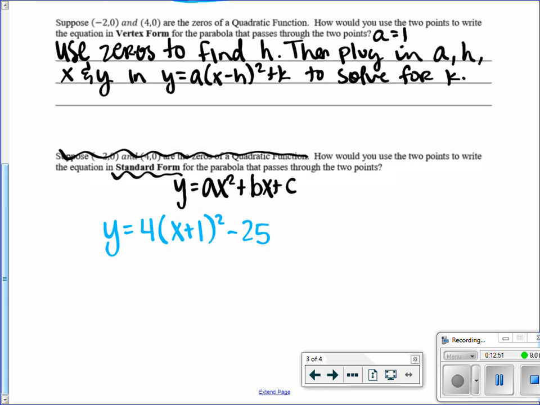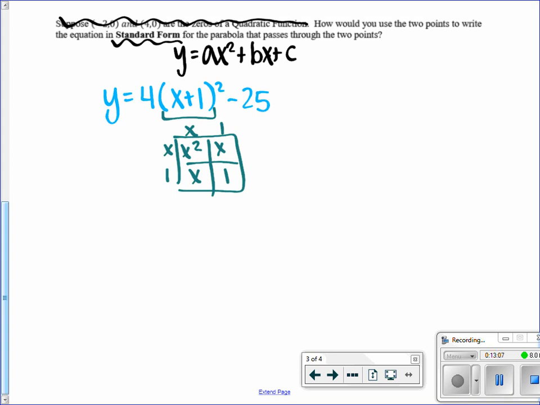So if you want to make it standard form, this goes first. If you like double distributing, or if you like that box version, pick your poison. So then this is x squared plus 2x plus 1. We still have a 4 on the outside.